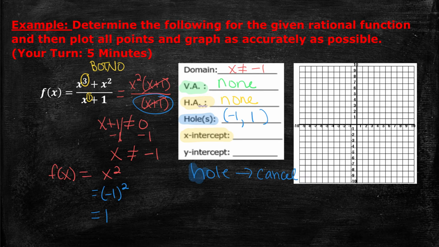Now, our numerator is x squared, right? So if I take that and set it equal to 0, then that means my x value is going to be 0, because I'm going to take the square root, and the square root of 0 is just 0. So my x-intercept is going to be at 0, 0. Now, your y-intercept, so let's get another color for y.